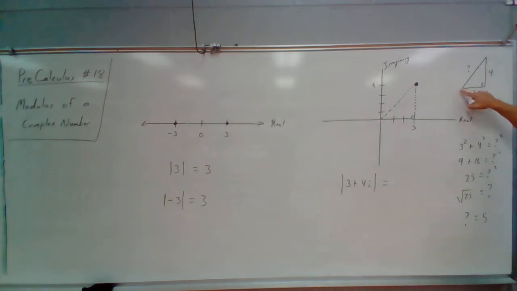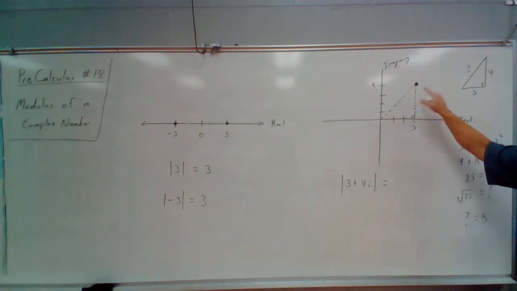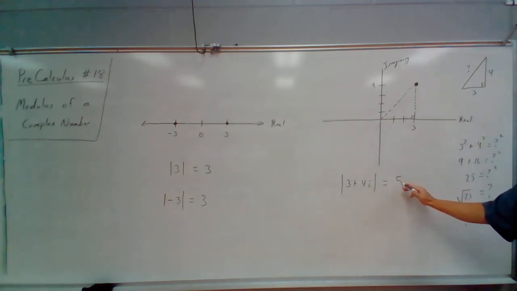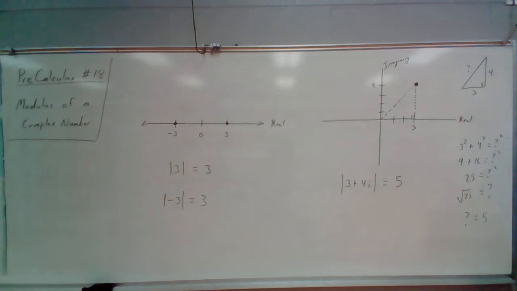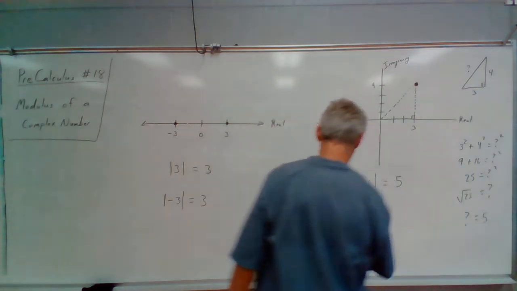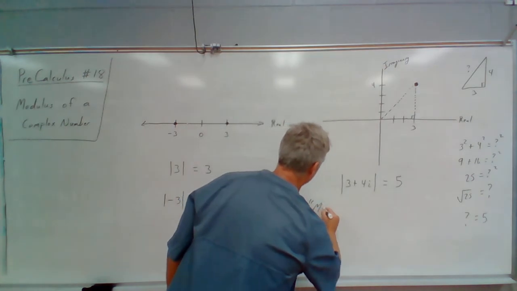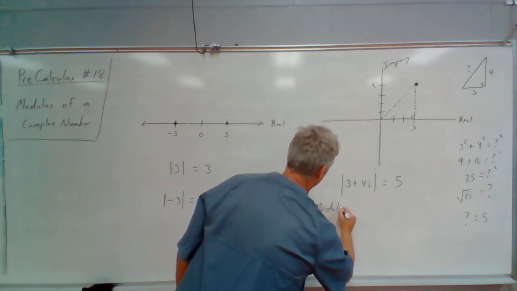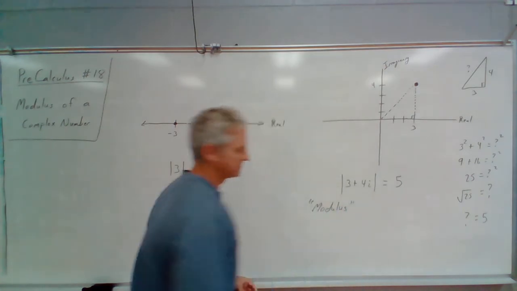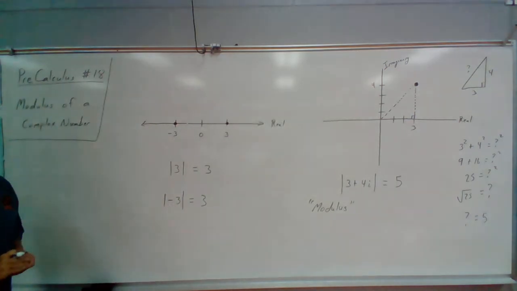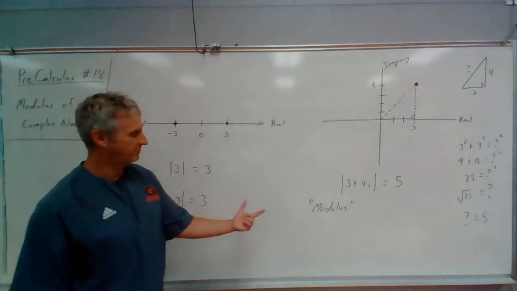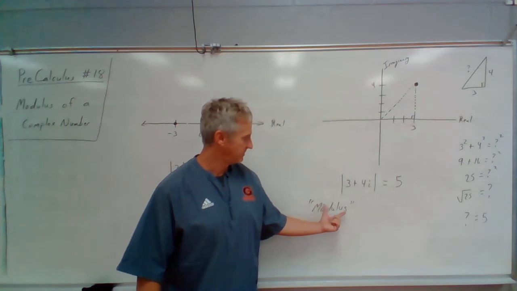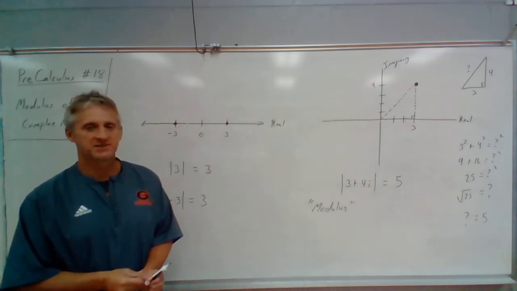So this side of the triangle is 5, so this distance is 5. Okay, so the absolute value of 3 plus 4i would be 5. And this absolute value is called the modulus. That's just another word for absolute value, usually used when you're talking about complex numbers. So the modulus of 3 plus 4i is 5.